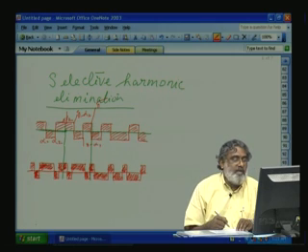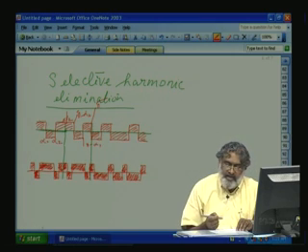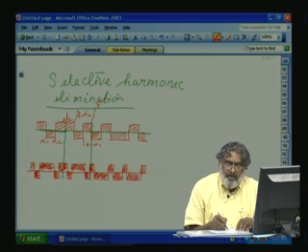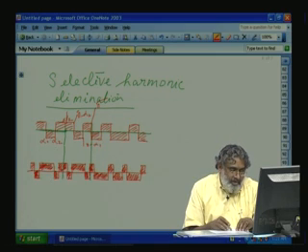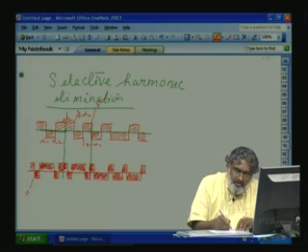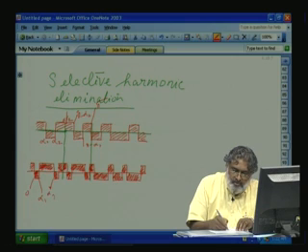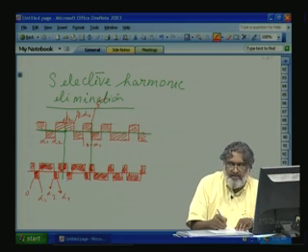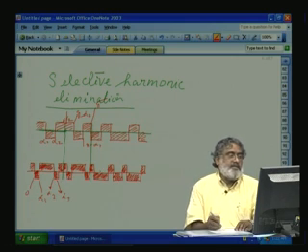How many notches have we introduced in a quarter? Previously in a quarter wave there was 1 notch; here in a quarter period we have introduced 2 notches. This is 0, this is alpha 1, alpha 2, alpha 3, and the rest is symmetric about this axis.